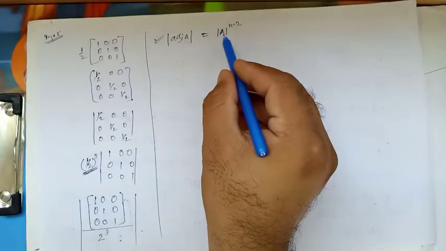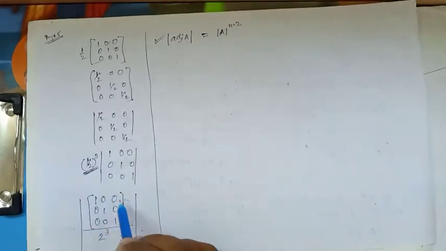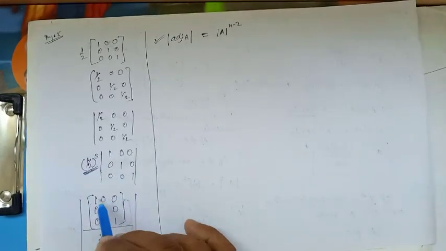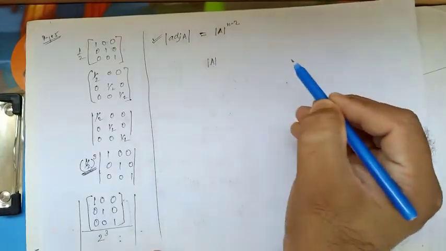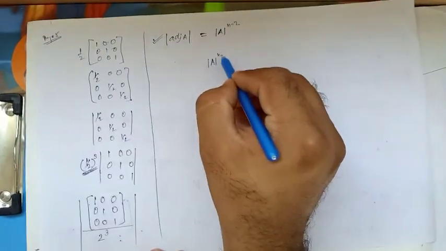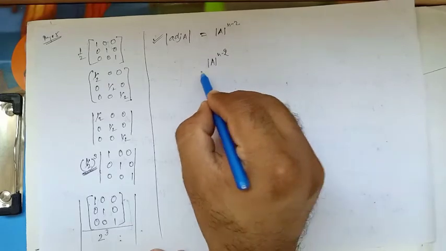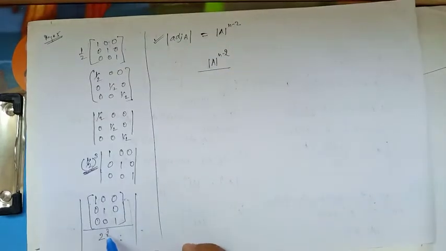Using this, we can write the determinant of this adjoint A as determinant of A to the power n minus 2, and because this is of order 3, we are getting power 3.